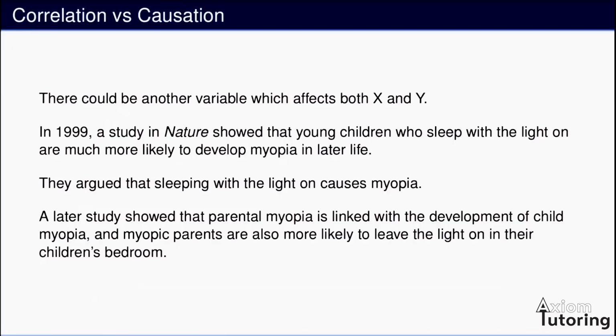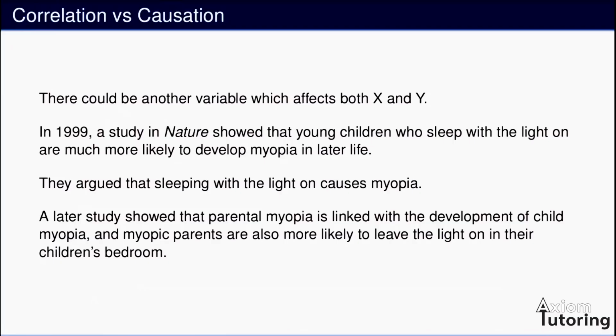So it's super important to be very cautious, never to assume that a relationship is causal without having some proof that it's actually a causal relationship and not just a correlational relationship.